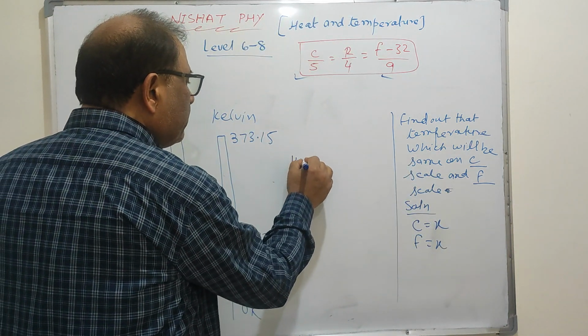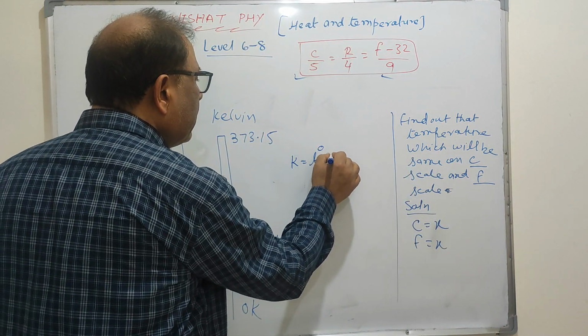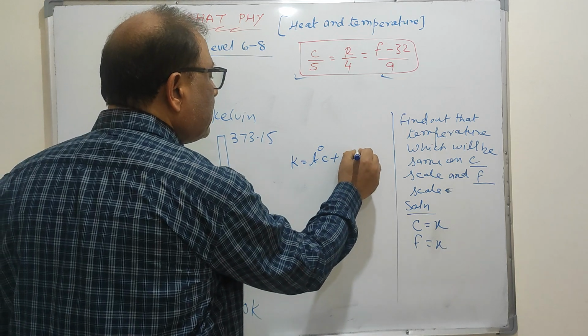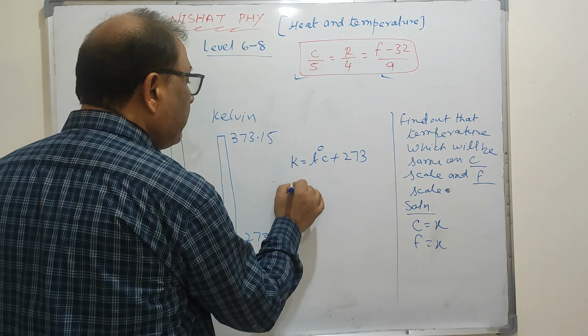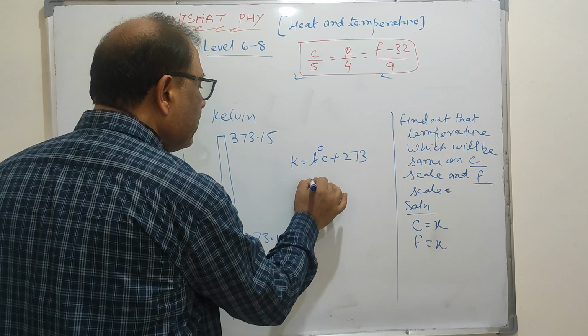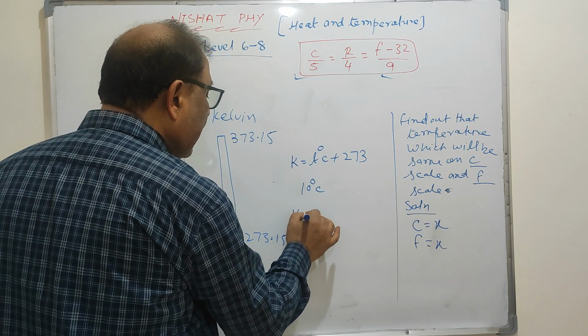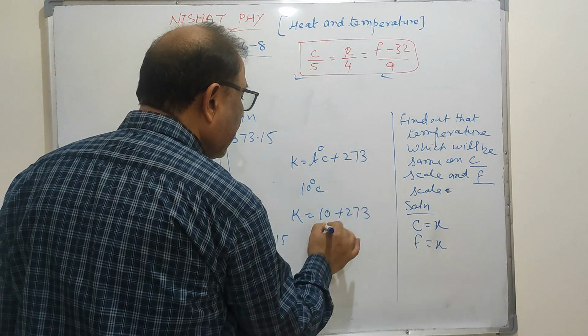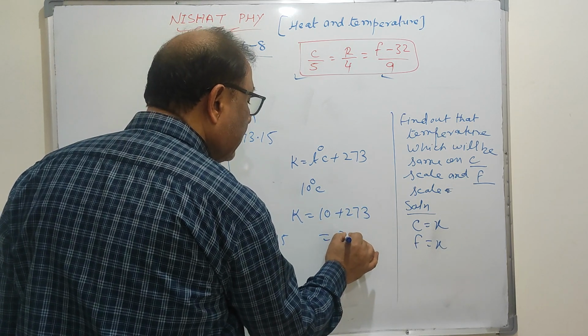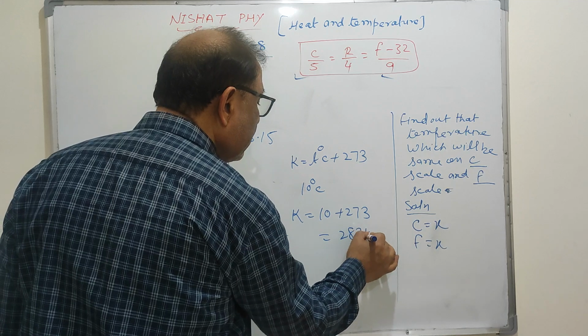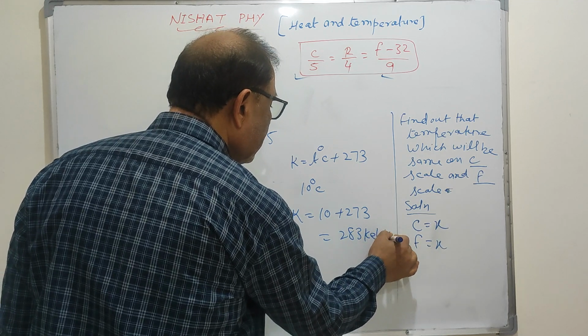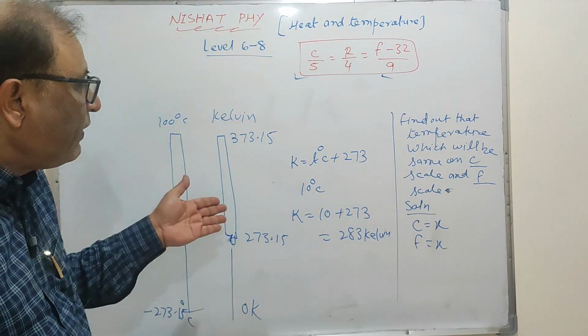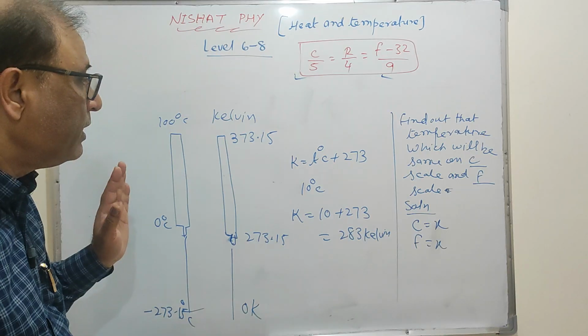Kelvin equals T degree C plus 273. Suppose you have 10 degree C, means in Kelvin 10 plus 273, and that is 283 Kelvin. So to get Kelvin, add 273.